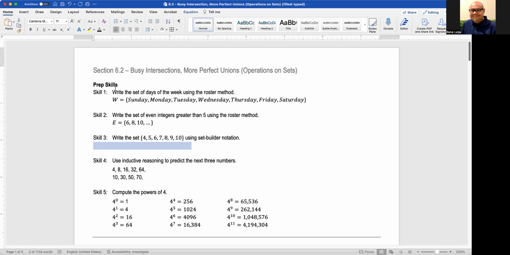Skill number 3, write the set 4, 5, 6, 7, 8, 9, 10 using set builder notation. So this is the one that's kind of weird, and this is what you would end up doing. These are your natural numbers, or counting numbers.